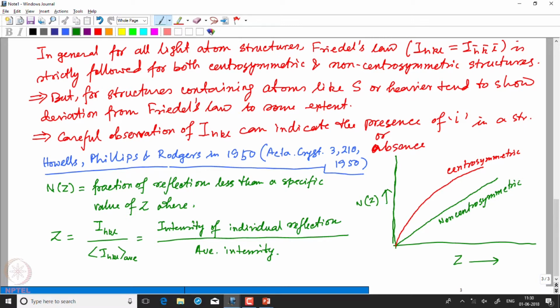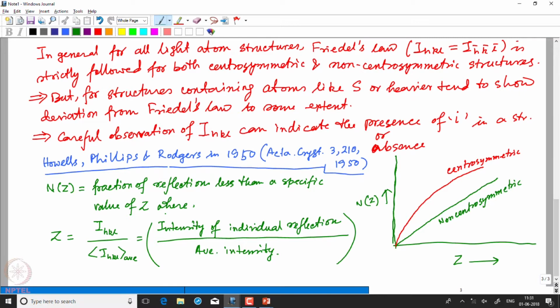This observation is made from the data set that was collected and reduced, and then the corresponding relative IHKLs are taken into account, the IHKL average is done, and you take the ratio of those IHKL with respect to the average. So we calculate the value of Z, and then from there we calculate the fraction of reflections less than a specific value of Z.